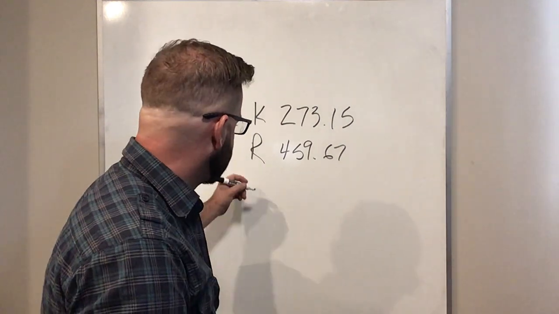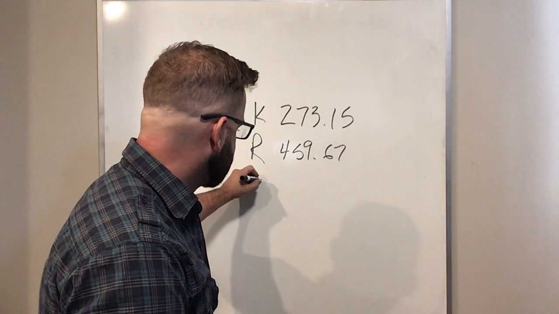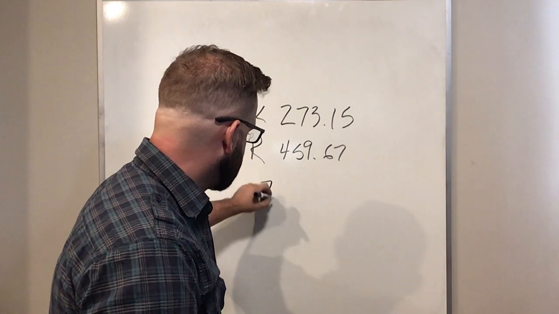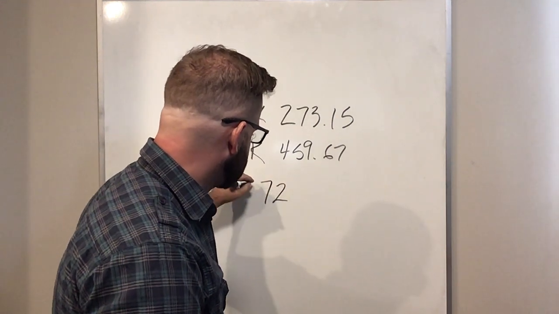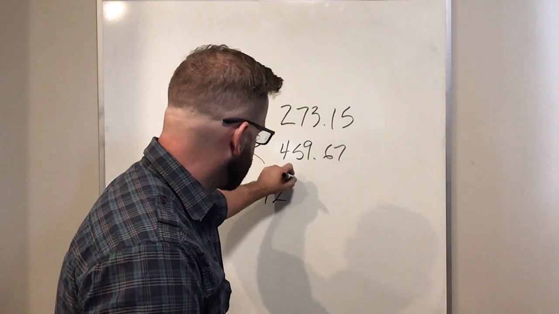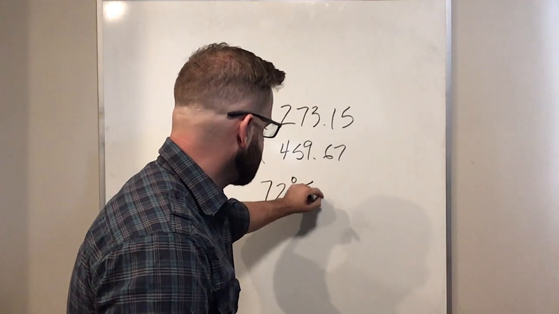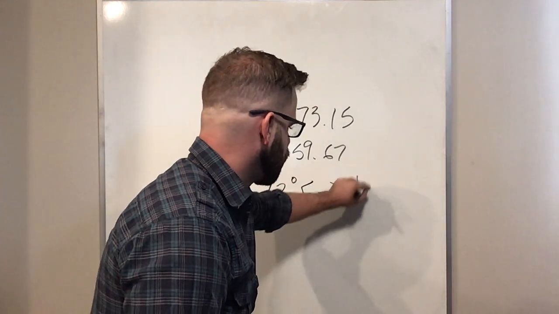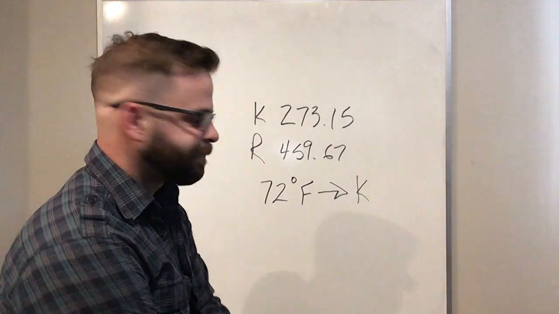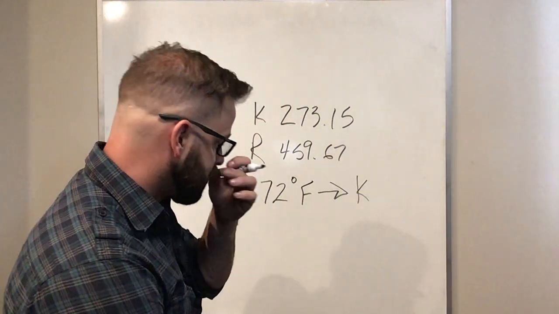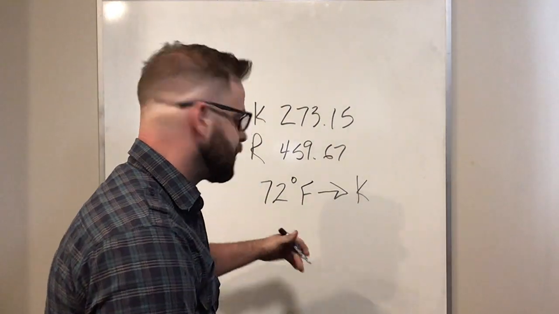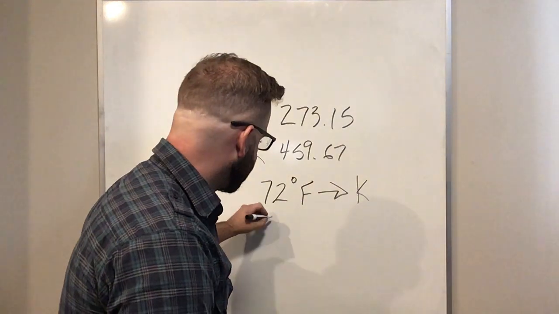So we have a value of 72 degrees Fahrenheit to convert to Kelvin. Okay? To convert to Celsius, we know that the number needs to get smaller.